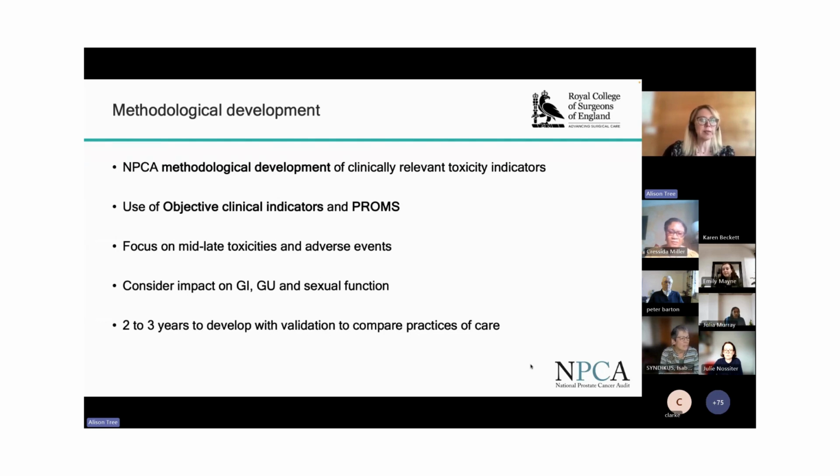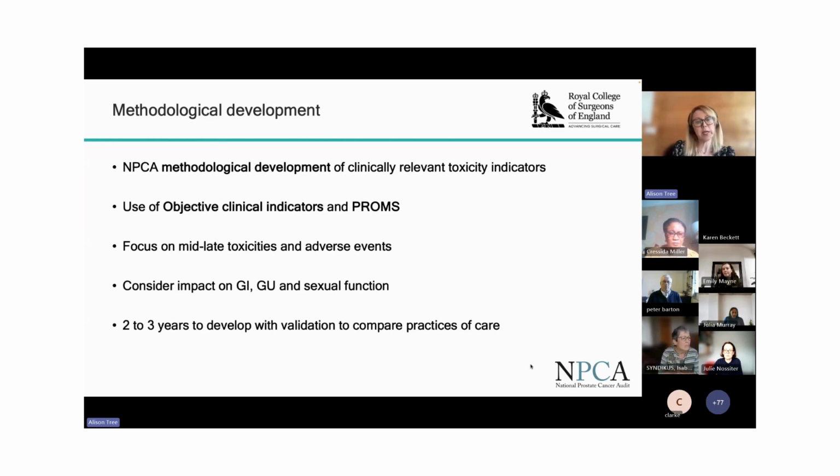So we needed to find objective clinical indicators, and also a round of patient-reported outcome measures, which is particularly powerful. And the focus was really on mid to late toxicities. Acute toxicity, particularly in radiotherapy, comes and goes, but what we wanted to focus on was the more longer lasting side effects. And for prostate, that means bowel side effects, GU side effects, so bladder symptoms, and sexual function.